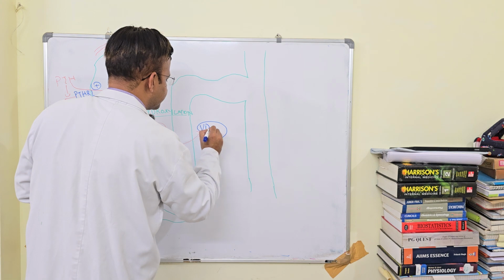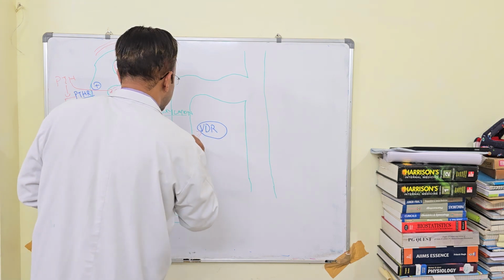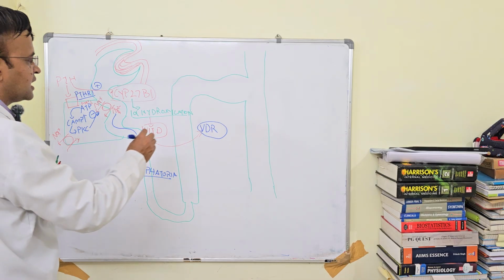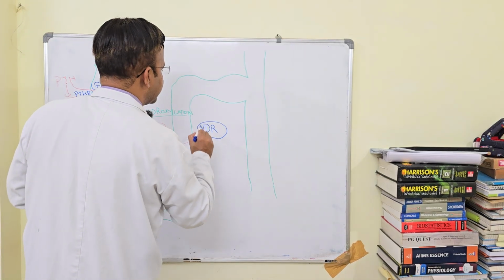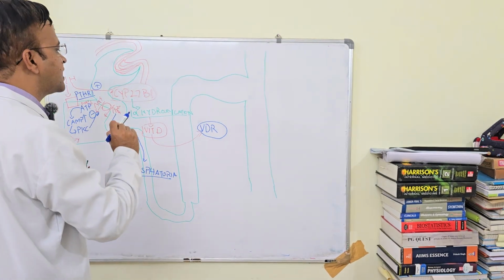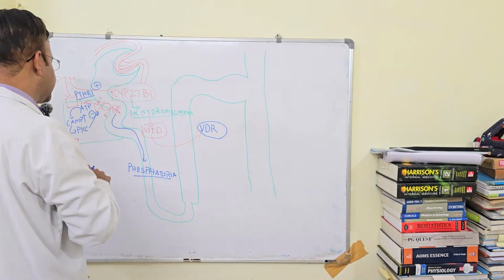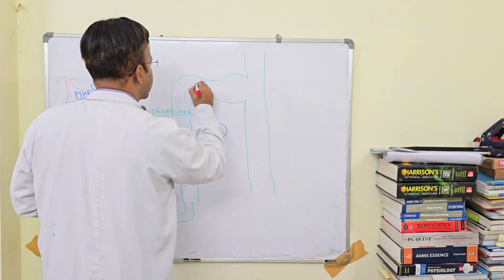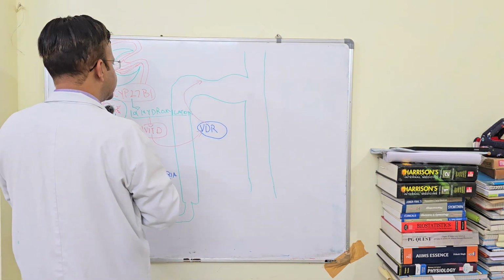Vitamin D receptor. And this vitamin D receptor will finally lead to what? It will lead to upregulation of the TRPV5 channel in DCT. So this will lead to upregulation of the TRPV5 channel in DCT.